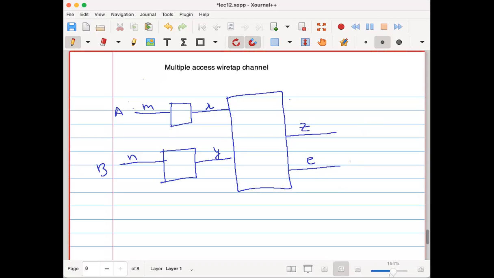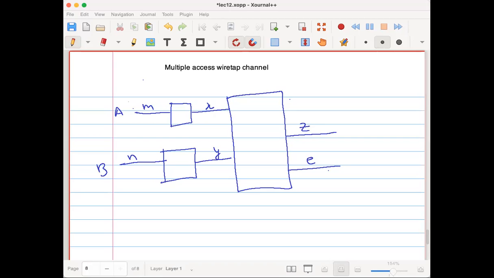Pranab, you are muted. We can't hear anything you're saying. Yeah, everything you said while drawing things, nothing was audible.